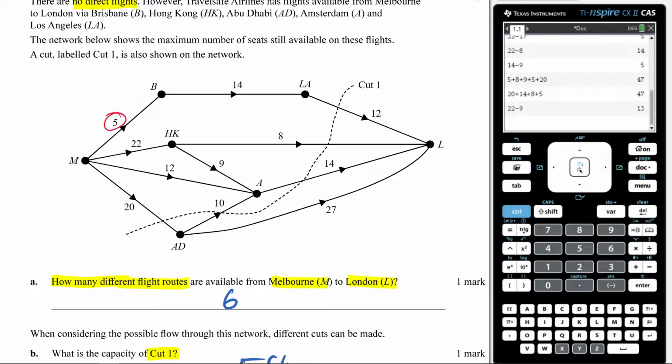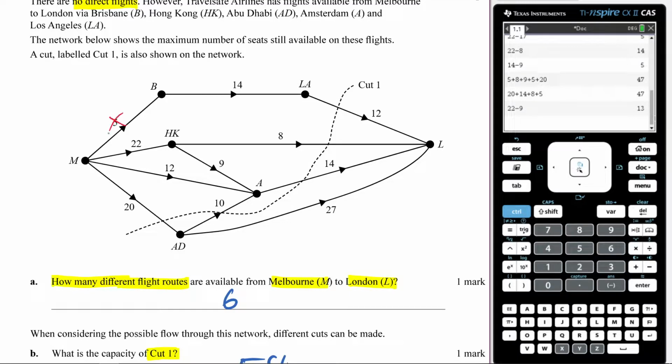If I added 8 more seats here, that would be 5 plus 8 would become 13. So now you might be thinking, well, that's good because B to LA can maintain those 13 because it's 14 here. But then do you see how this is 12? So even if I push this up to 18, it's pointless because I can only fit 12 people through here. So I can't push through that maximum amount of people.